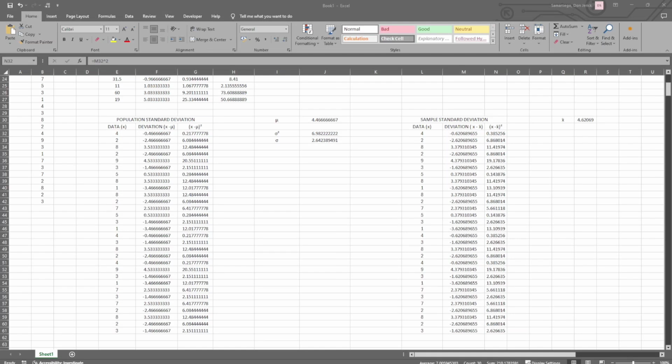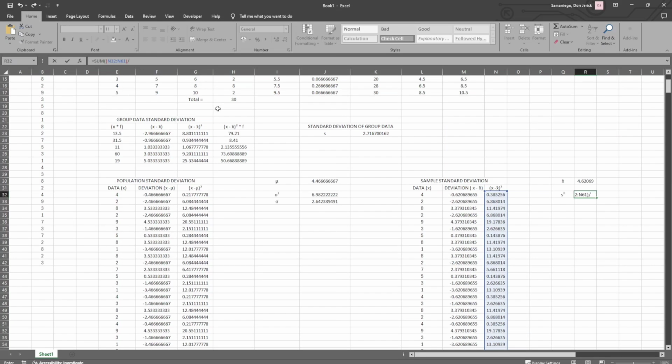Then we can now get the s squared. S squared is equal to the summation of x minus x bar squared divided by the total frequency minus 1.